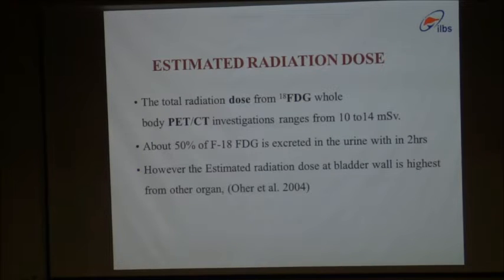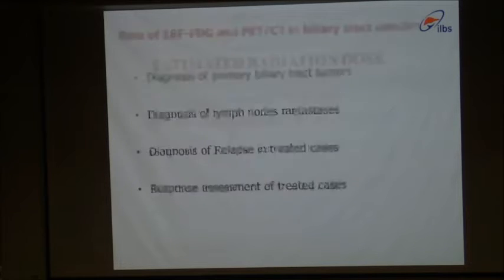The estimated total radiation dose from FDG whole body PET-CT ranges from 10 to 14 millisieverts. About 50% of FDG is excreted in the urine within 2 hours, and the estimated radiation to the bladder is much higher than to other organs.